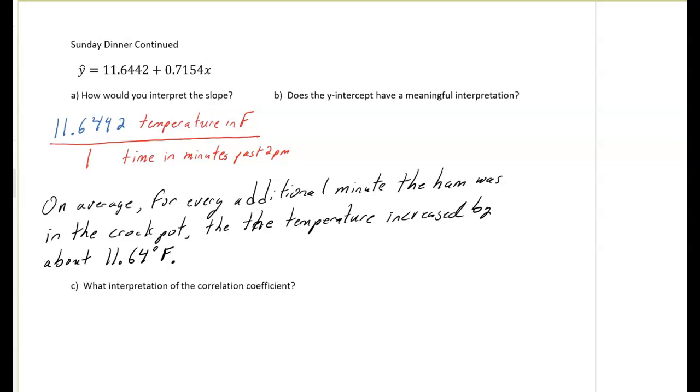Part B, does the y-intercept have a meaningful interpretation? That means x is 0 and y hat would be equal to 11.6442. That means in this particular problem, when I started the crock pot, the temperature of the ham was 11.6442.